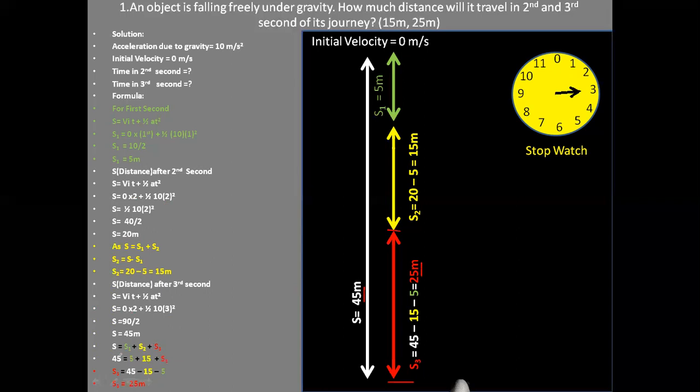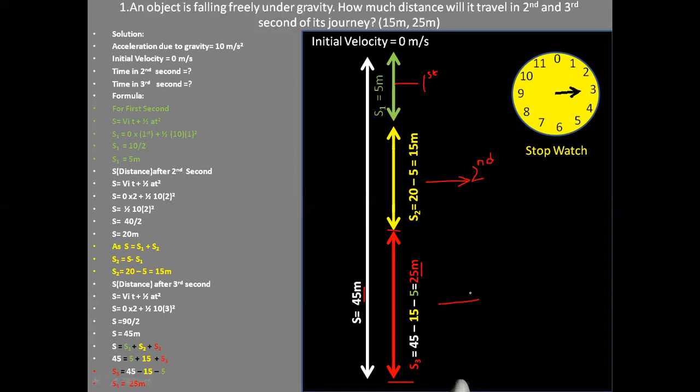Over here in the calculation also we can see S is equal to S1 plus S2 plus S3, which is in different colors. For the first second, it is green color, and it covers 5 meters. For the blue color, it is for the second second, and it has covered 15 meters in that time.